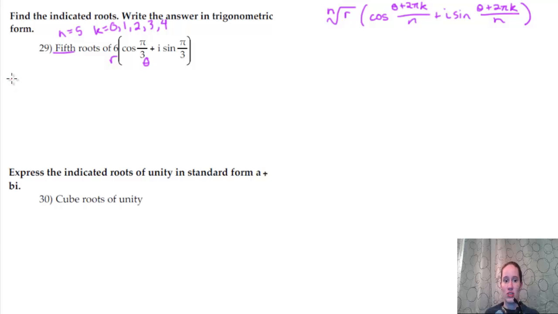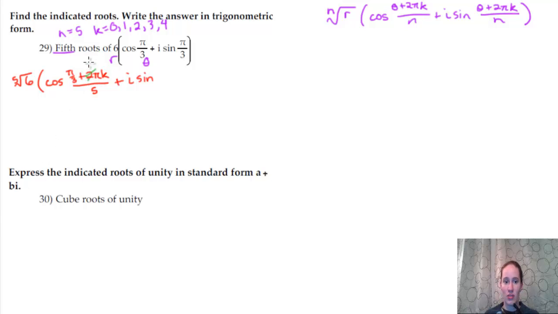So just in general, what we have is the fifth root of 6 cosine pi over 3 plus 2 pi k over n, which is 5. Now, when I write the second one, I'm going to start to simplify. I want to get a common denominator on top here.